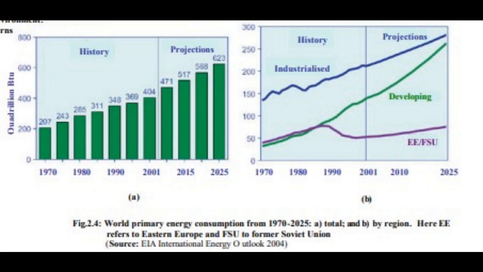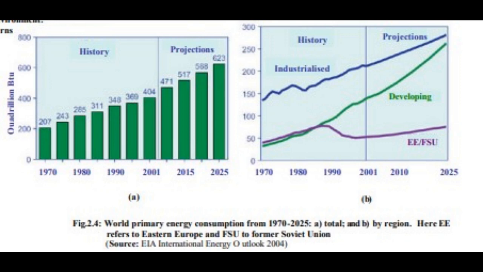These projections tell us that the overall energy consumption will rise by 54% in 24 years, from 404 quadrillion British thermal units in 2001 to 623 quadrillion in 2025. Fig. 2.4a. In the industrialized world, energy use is expected to grow at the rate of 1.2% per year.